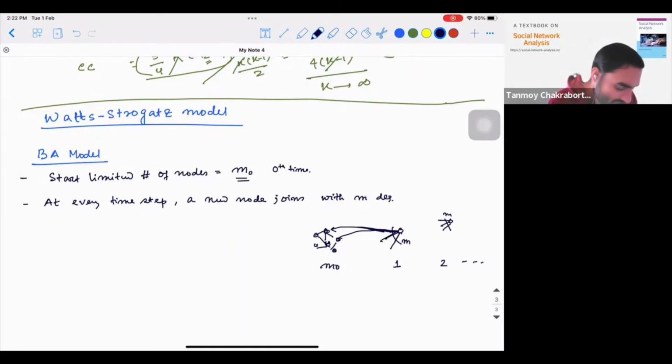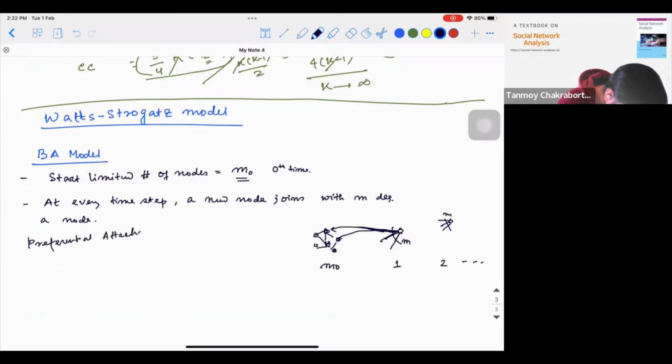The attachment principle says that a new node is attached to an existing node based on something called preferential attachment. Now what does it mean?